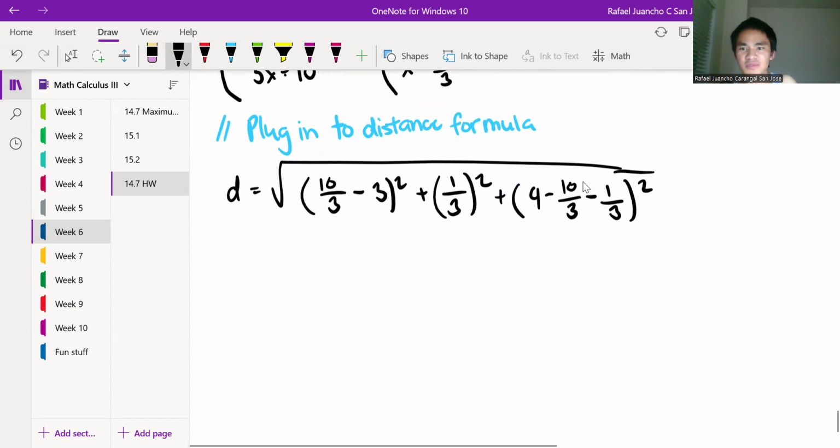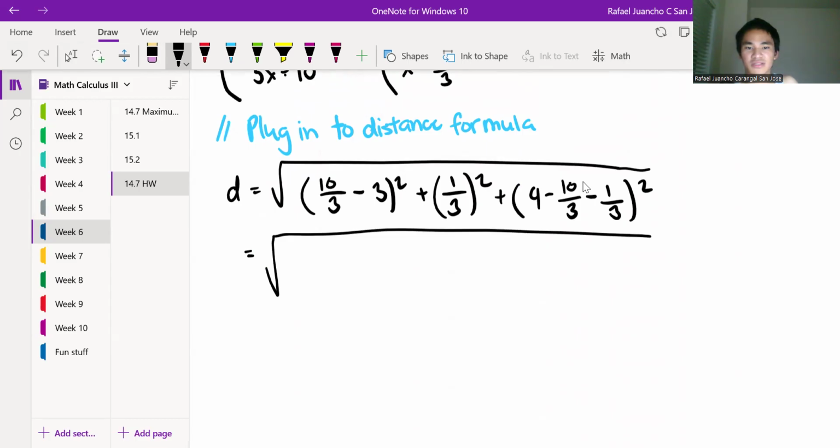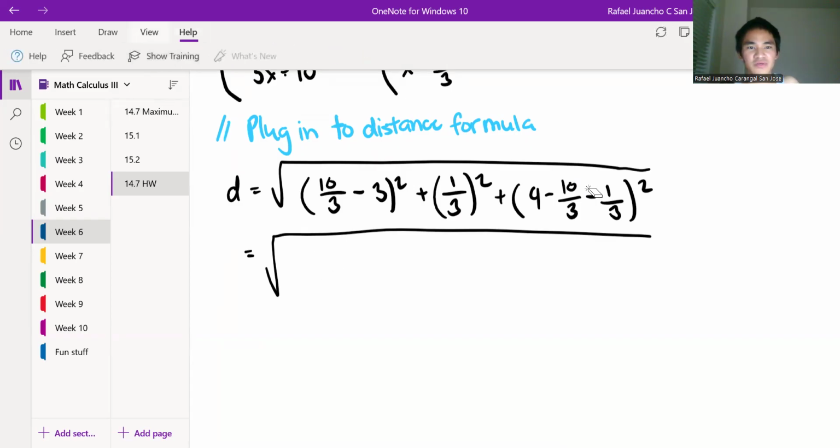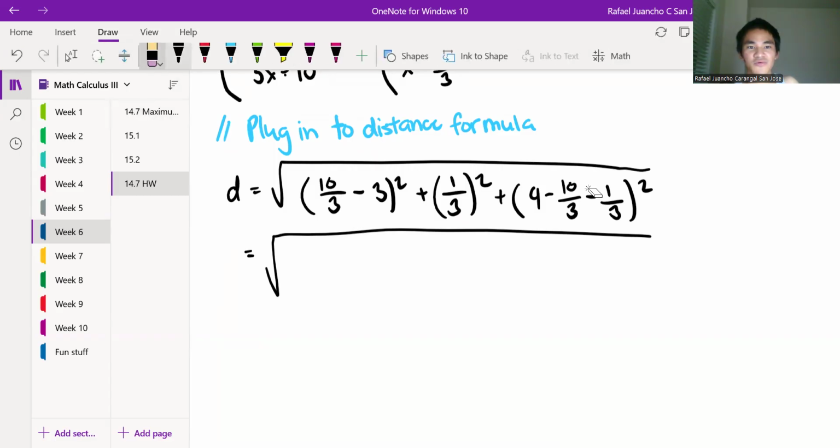Then, okay, let me do this myself. So I should get minus 9, 1/3 squared, right? This is 1/9, plus 1/9 is 2/9.